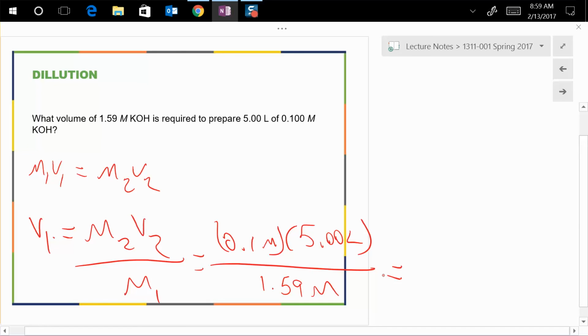Okay? And what are we finding for the initial volume? 314 milliliters. So I need 314 milliliters, and I would dilute it to 5 liters. Okay? And that would give me the new concentration of 0.1 molar.